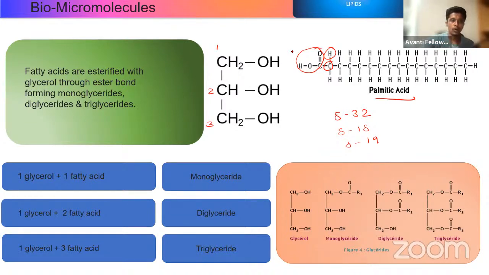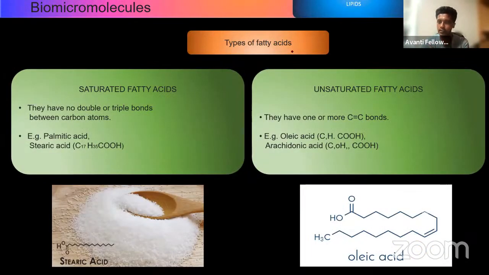Now usually what happens is when you have a linkage like this, as I said, an attachment of a fatty acid to a glycerol molecule, we can separate these fatty acids into two essential groups.